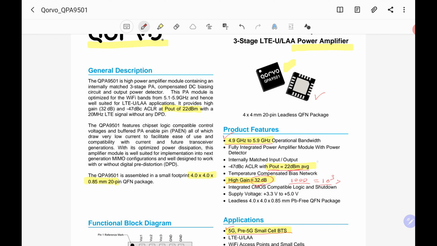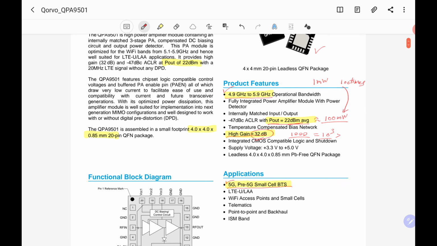As I said, 20 dBm means about 100 milliwatt. Compared to the 1 milliwatt, 20 dBm means 100 times. So that's why this means about 100 milliwatt.